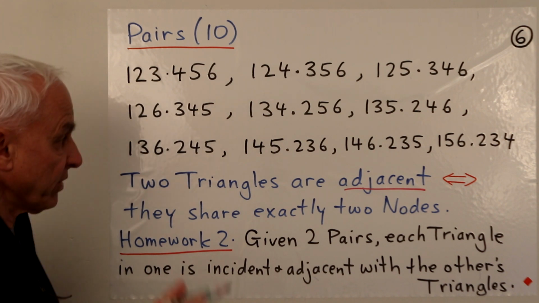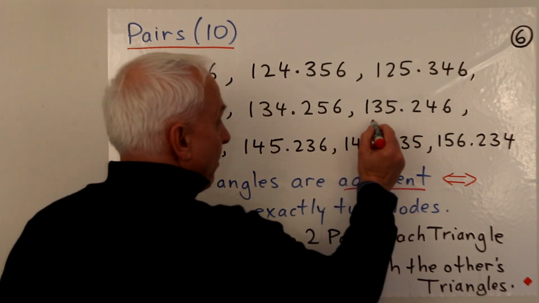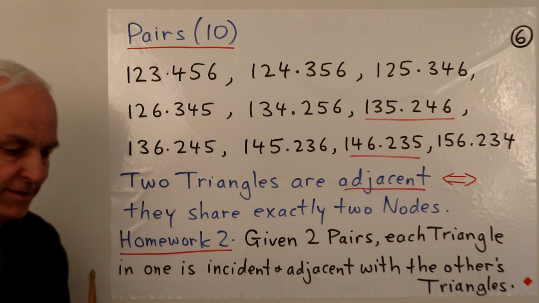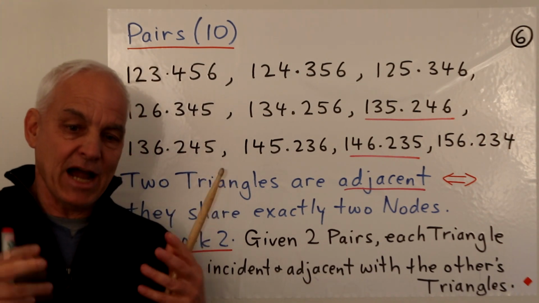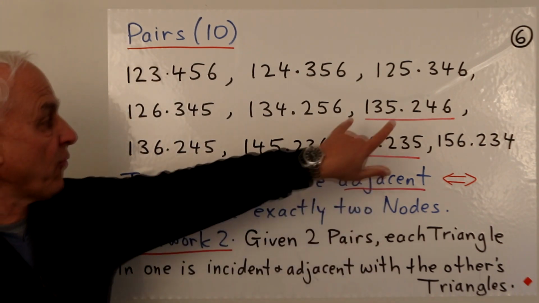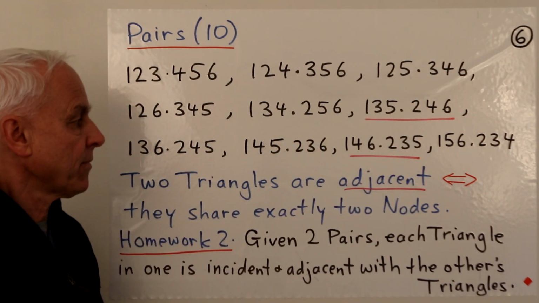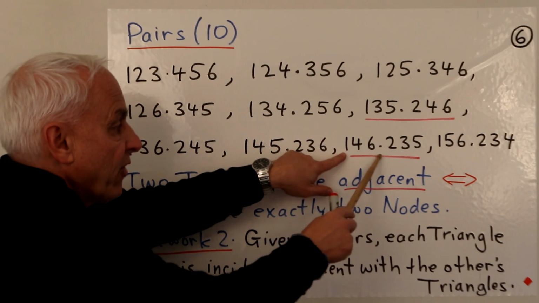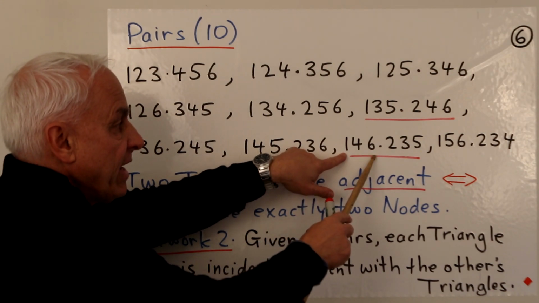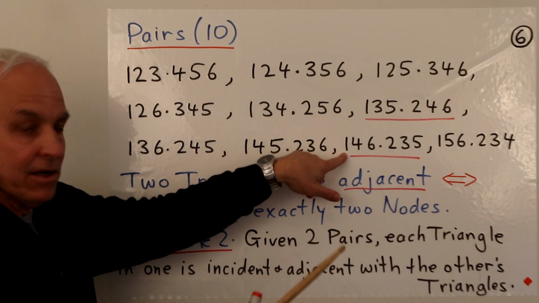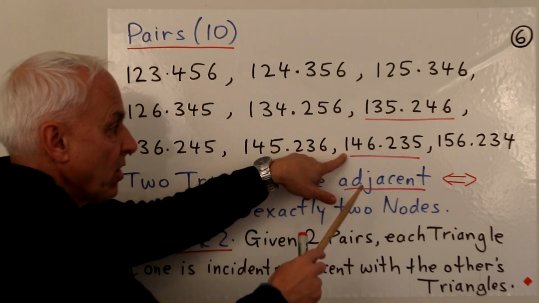So what we're saying is if we take two random triangles, say this one here and this one here, and we look at how the triangles inside those pairs are related. So this one here contains two triangles, this one here contains two triangles. So if we look at, say, one of the triangles in this pair, say 1, 4, 6, its relation with this triangle is that it's incident because it has exactly one node in common.